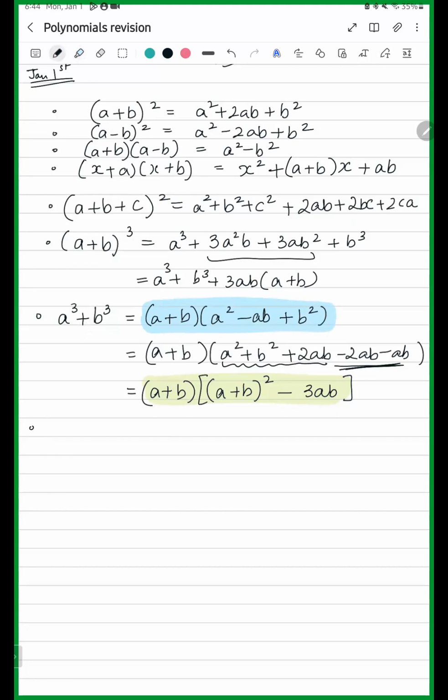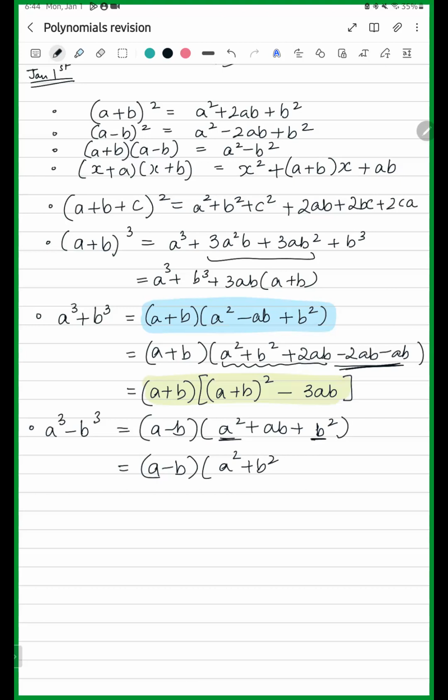Similarly, when in place of plus you have a minus, a cube minus b cube, then over here this minus sign just shifts to the other bracket. So we have (a - b) into (a square plus ab plus b square). Then you can write this as a square plus b square as it is, and here we want to bring a minus 2ab.